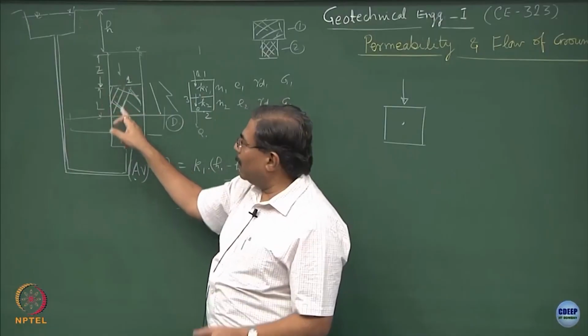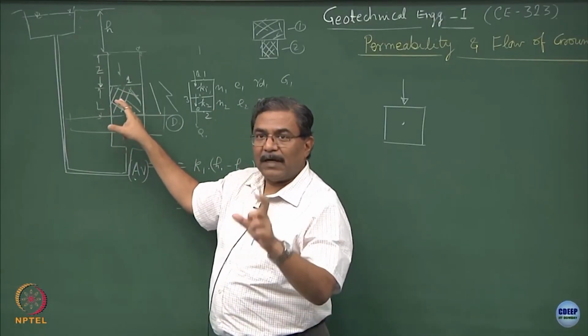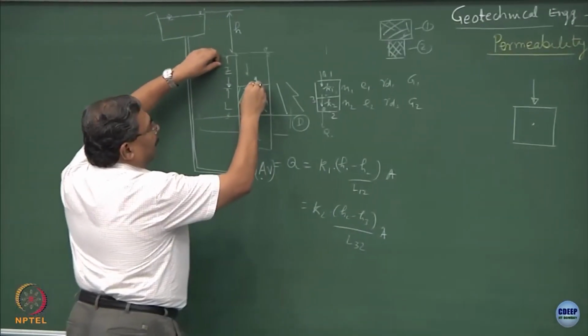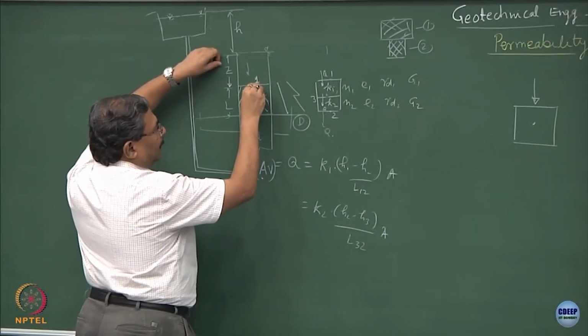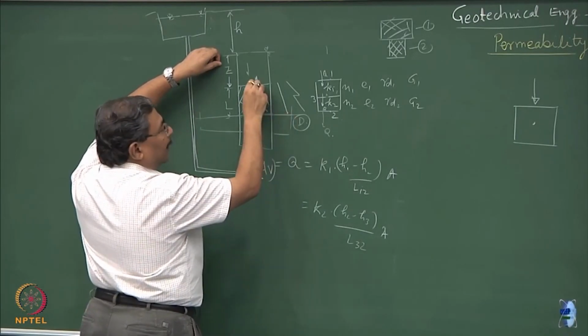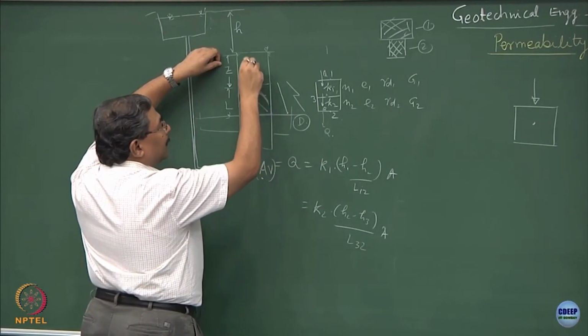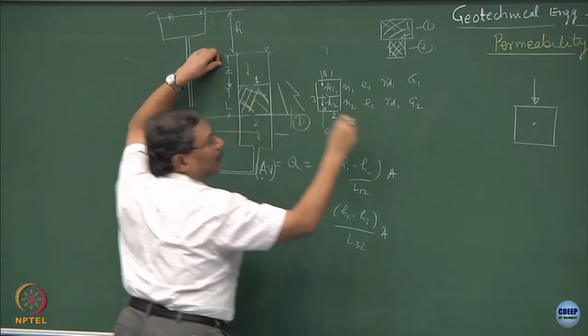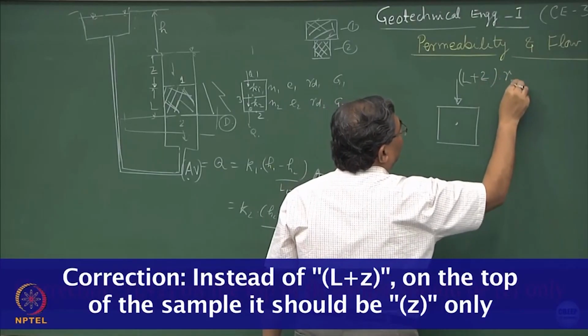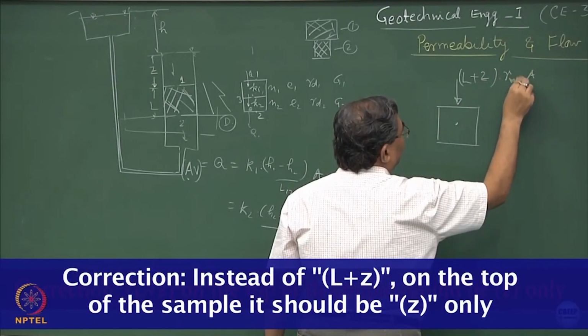There is a dampener in between which is soil mass. Clear? So, at this point elevation head is known, L. If you are putting the datum over here, at this point the pressure head is Z. So, total is (L plus Z) into gamma w into A. Is this part clear?